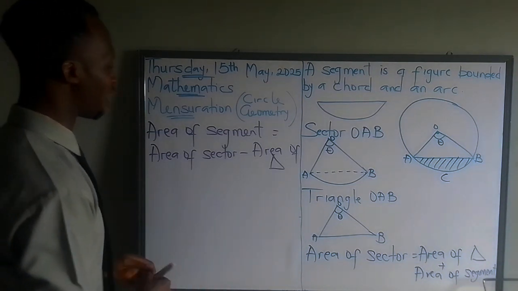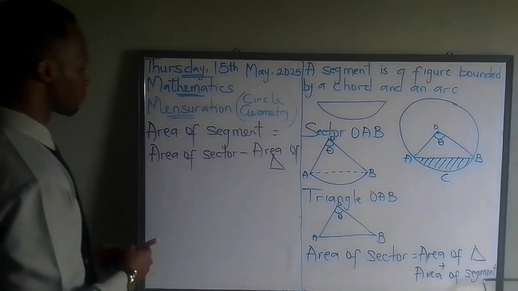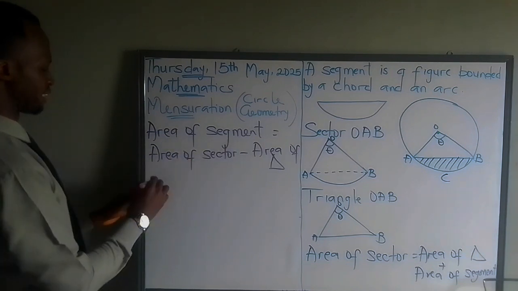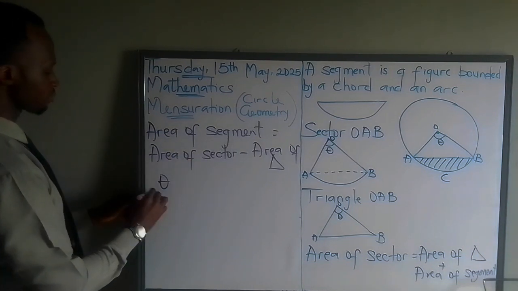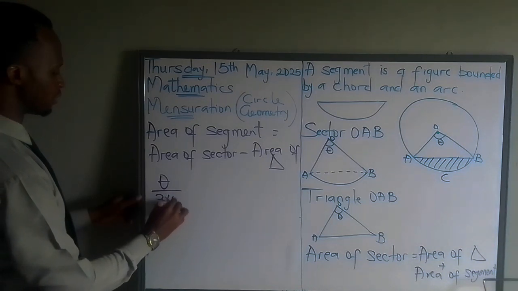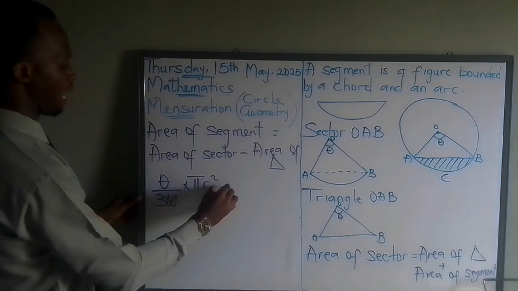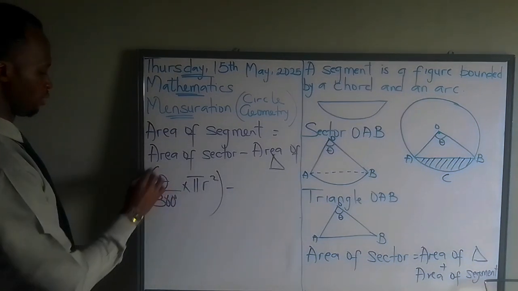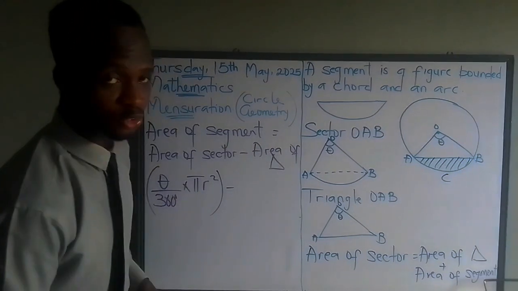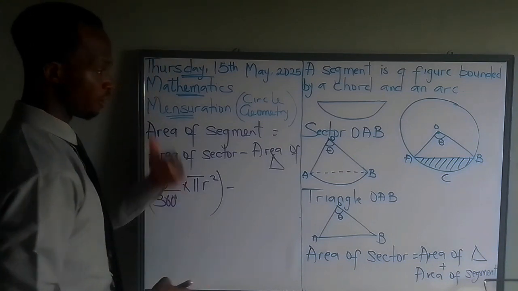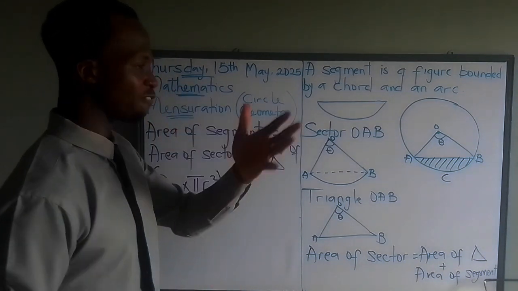Now, what is the area of sector? We have done this before in previous sessions. So area of sector is theta over 360 degrees times pi r squared. So minus area of triangle. You know the formula for area of triangle. Area of triangle we use half base times height.